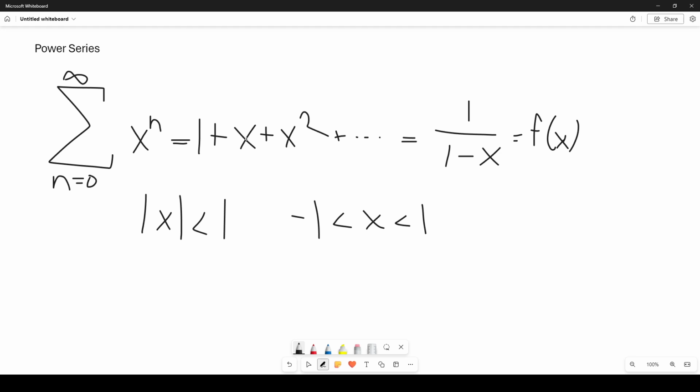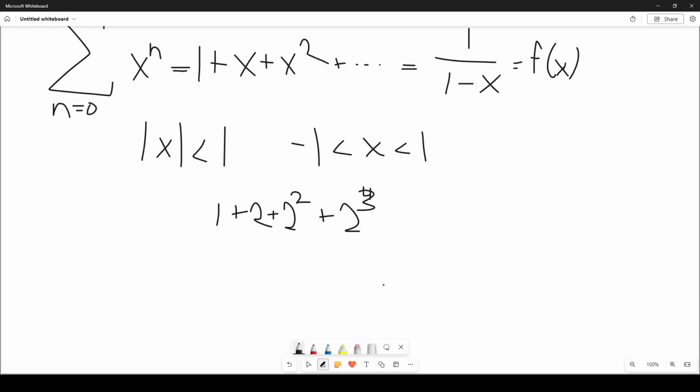If I plugged in, let's say, 2, I would get 1 plus 2 plus 2 squared plus 2 cubed, and this is obviously going to be growing forever, right? If I plug in 1 even, I get 1 plus 1 plus 1 plus 1, on and on and on, and we can also see that this is going to sum to infinity. So clearly, plugging in these numbers won't work. Anything in between, though, works just fine.